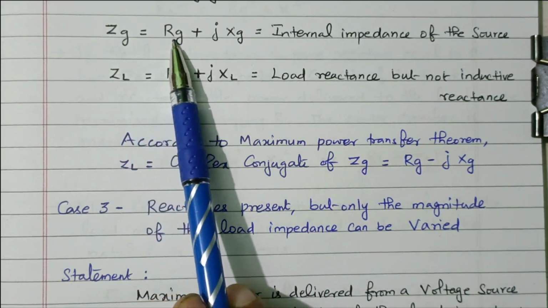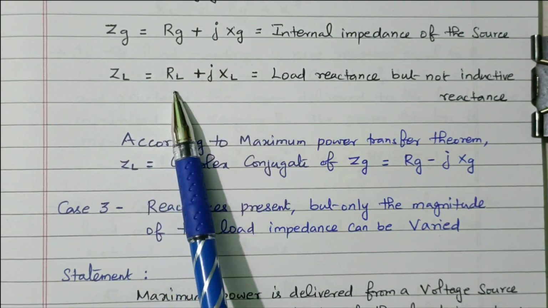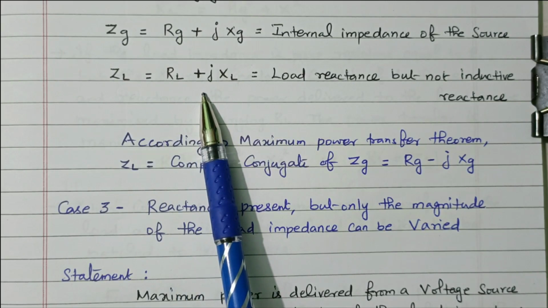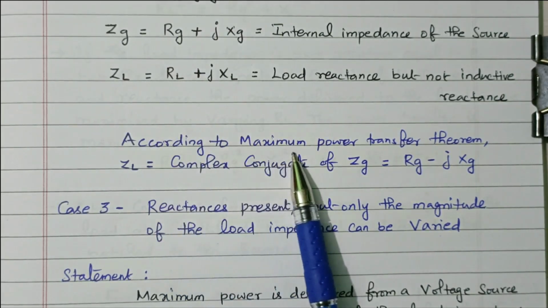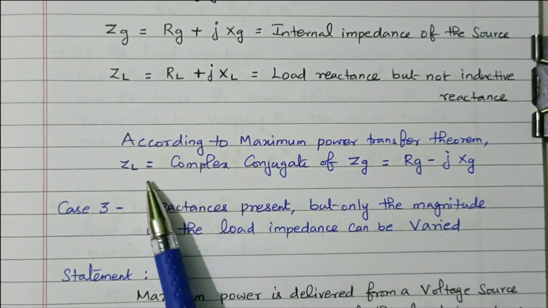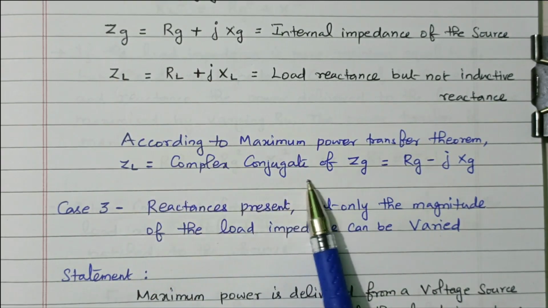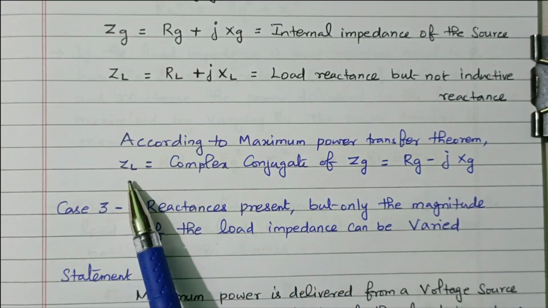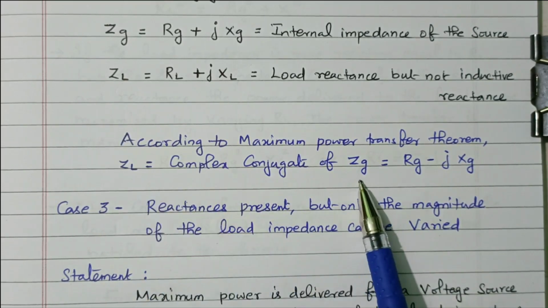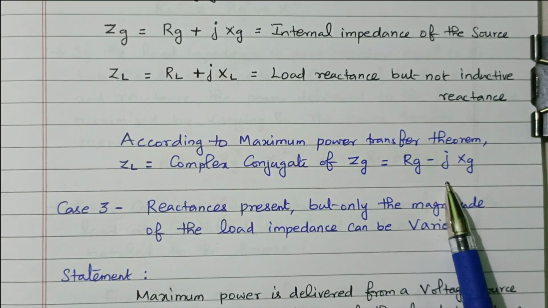So this is the internal impedance of the system, and this is the load impedance. Based on the condition, both are complex conjugates. According to the maximum power transfer theorem, ZL equals the complex conjugate of ZG, that is RG minus jXG, right? So ZL equals ZG, but complex conjugated.